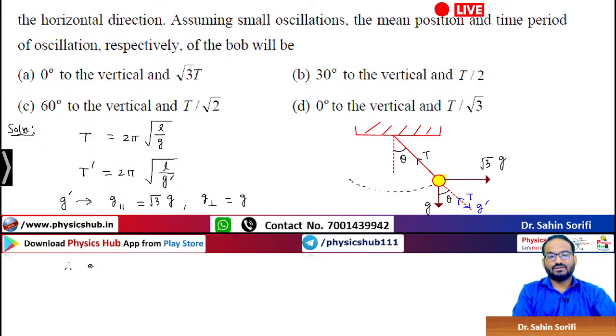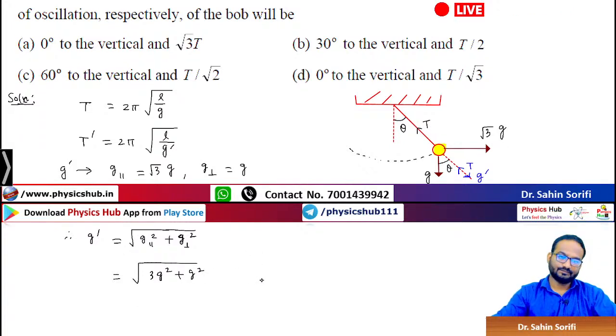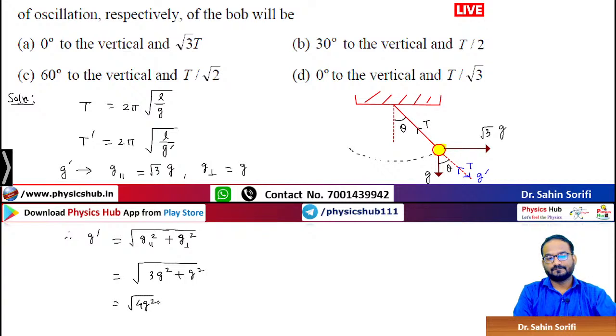So what is the magnitude of g prime? You know it: √(g parallel square plus g perpendicular square), the way you find the magnitude of a vector. So this is equal to √(3g square plus g square), so 4g square, that means 2g.